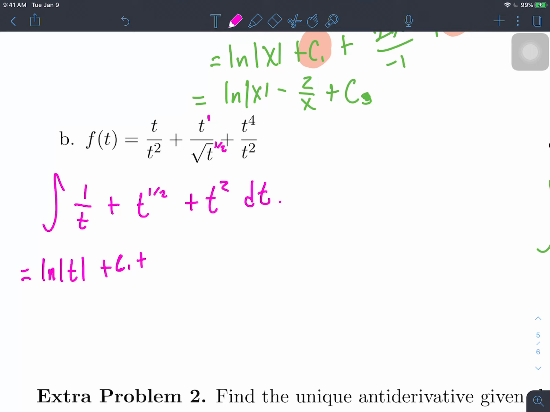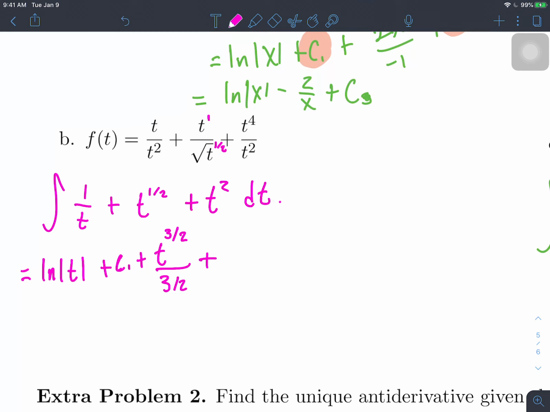Plus, now the antiderivative of t to the 1/2 power? We'll write it as t to the 3/2 divided by 3/2, plus. Jordan, what comes for the t squared?